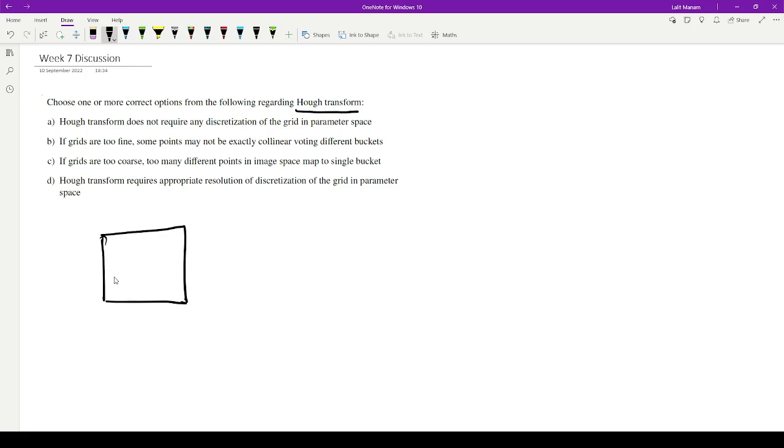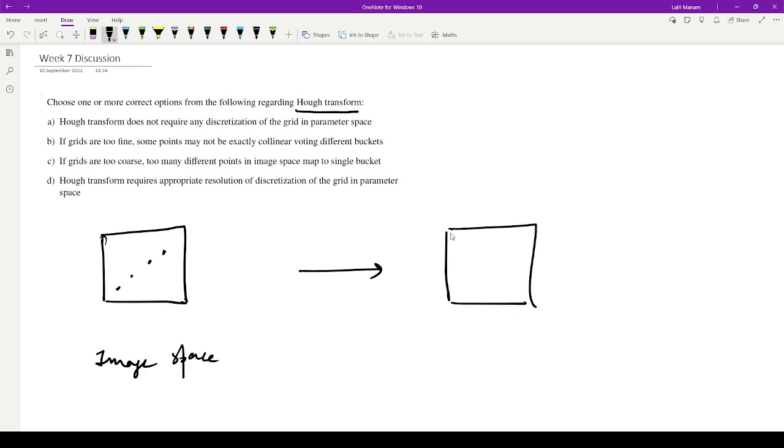If you remember something like this from the class, first we have image space, which we try to transform to Hough parameter space, or just a parameter space.